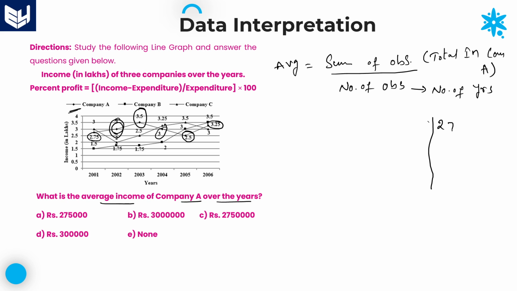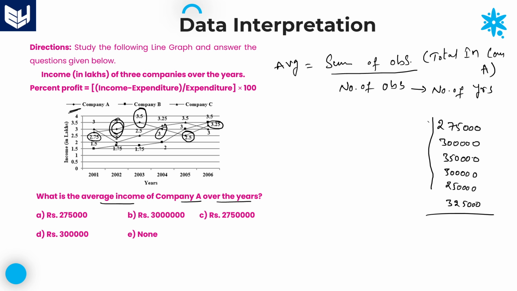First value 2,75,000, and the second value 3 lakhs, third value 3,50,000, fourth value again 3 lakhs, fifth value 2,50,000, and last value 3.25 lakhs, which is nothing but 3,25,000.